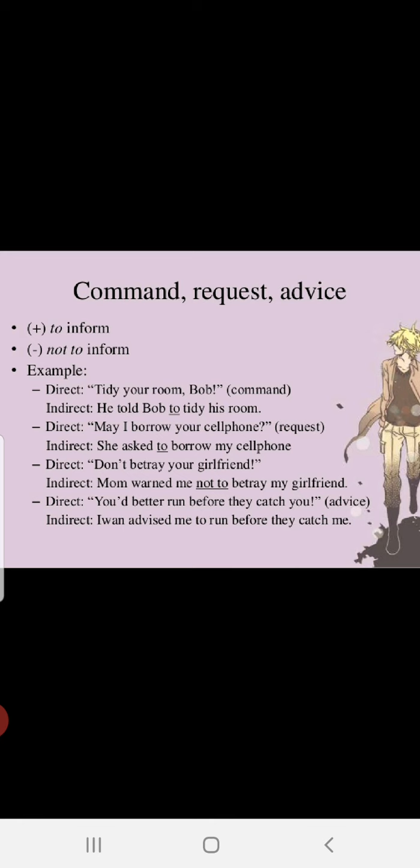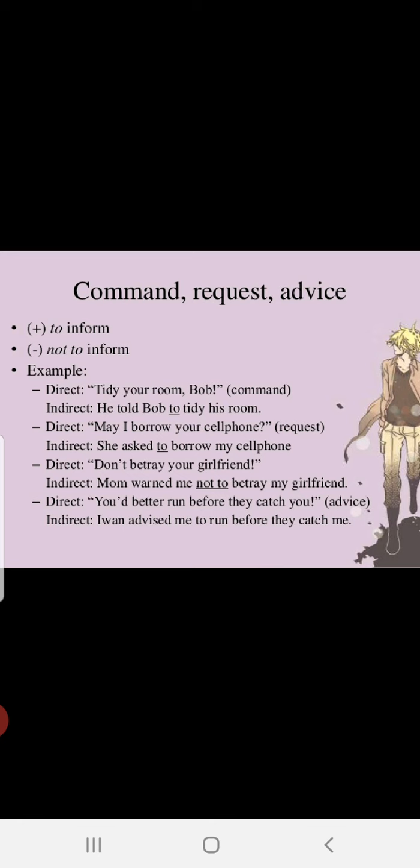To tidy his room. May I borrow your cell phone? Request. She asked to borrow my cell phone. Correct? Request changed to borrow. Now, don't betray your girlfriend. Advice. Mom warned me not to betray my girlfriend.